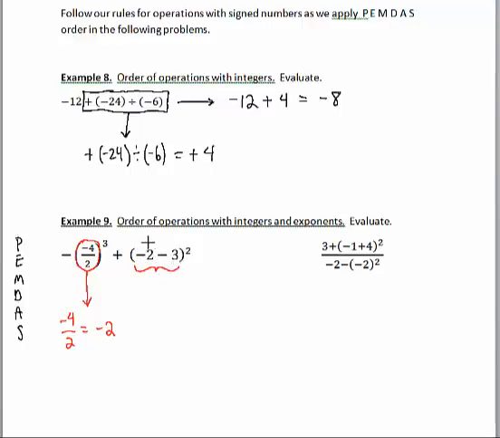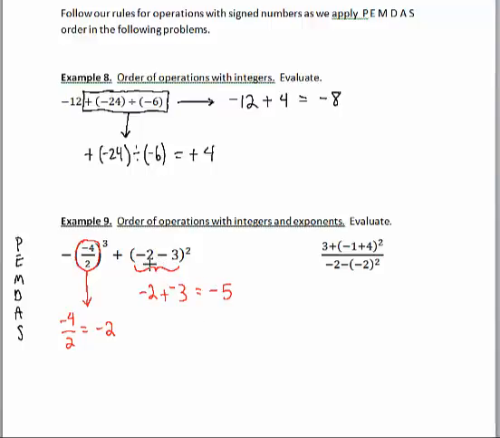And I'm only looking inside the parentheses. Well, I can rewrite negative 2 minus 3 as negative 2 plus negative 3, so that I see I'm simply adding two numbers with the same sign. So a negative plus a negative will be a negative. 2 plus 3, add the absolute values, I get a 5, and so that should be a negative 5.